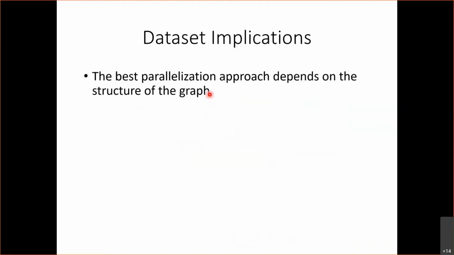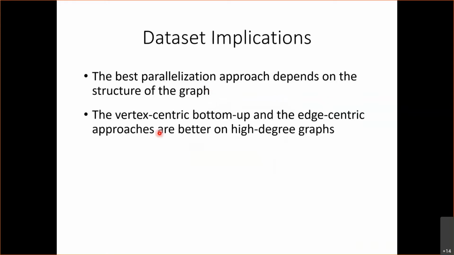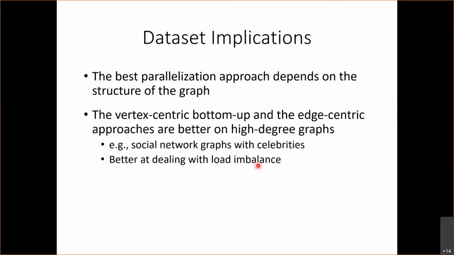The graph that I've been using since the beginning of the lecture is a social network graph. So it's a high degree graph. You have a lot of these high degree neighbors. And the vertex-centric bottom-up approach, as well as the edge-centric approaches, are better on high degree graphs, such as social network graphs where you have these celebrities. And the reason they're better on high degree graphs is that they're better at dealing with load imbalance.